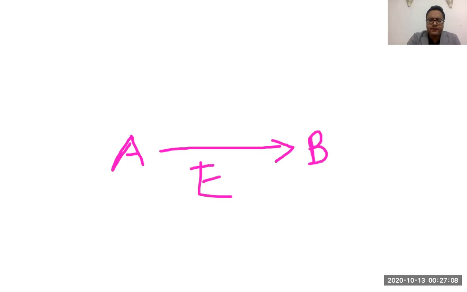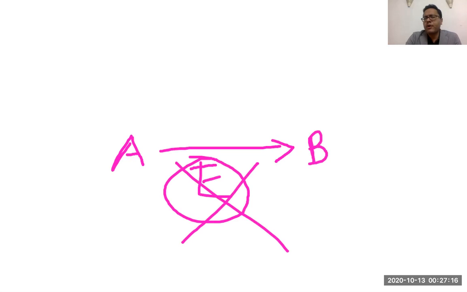Imagine that in a biochemical enzymatic reaction, A is converted to B by an enzyme E. Now, if this enzyme E goes missing or deficient, what would occur?